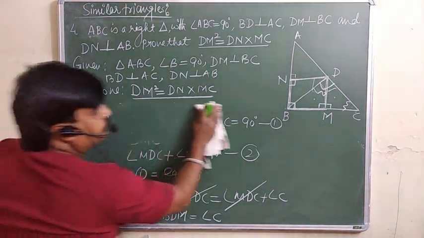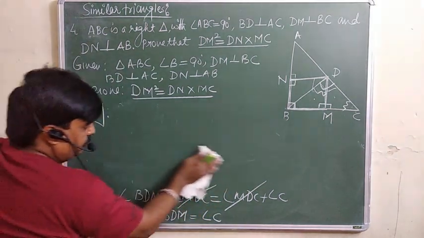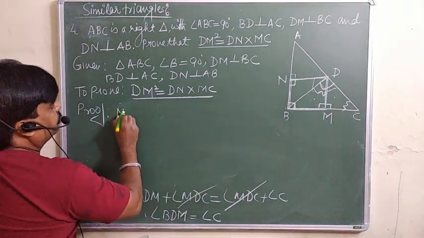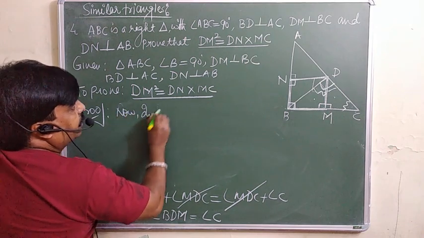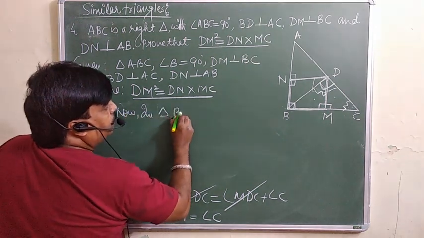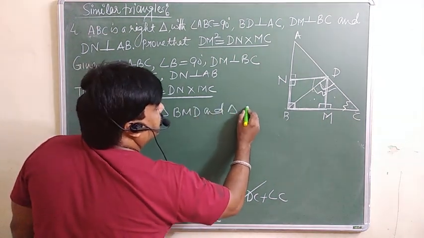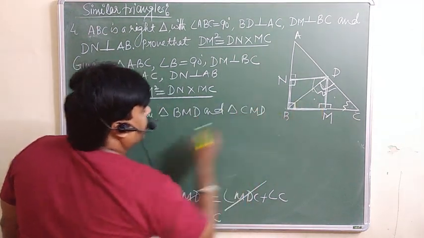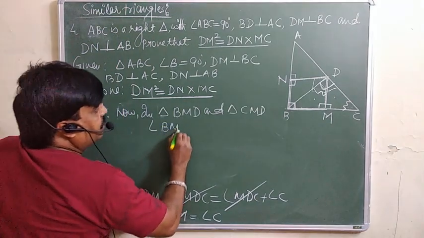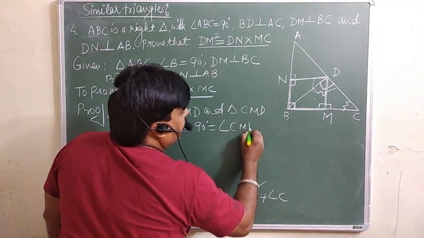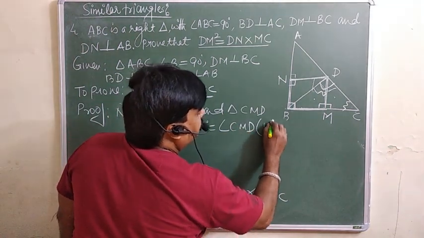Look at here now. Now in triangle BMD and triangle CMD we are taking. So angle BMD is equal to 90 is equal to angle CMD is already given.